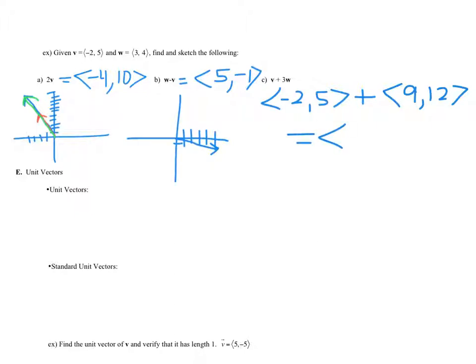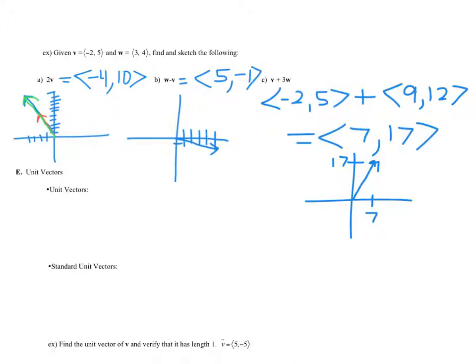Negative 2 plus 9 is 7, 5 plus 12 is 17. That's a lot of numbers, so you can just estimate that. There's 7, and here's 17, and here's the vector. Pretty easy stuff, right? I feel like we're just adding and multiplying and subtracting.